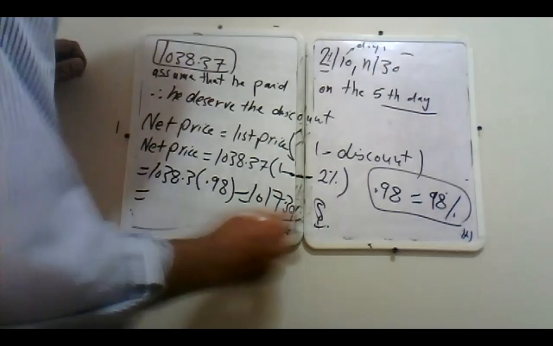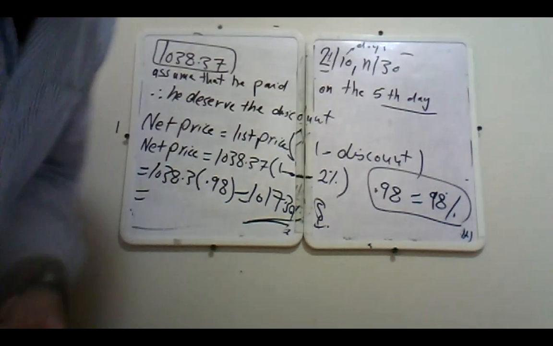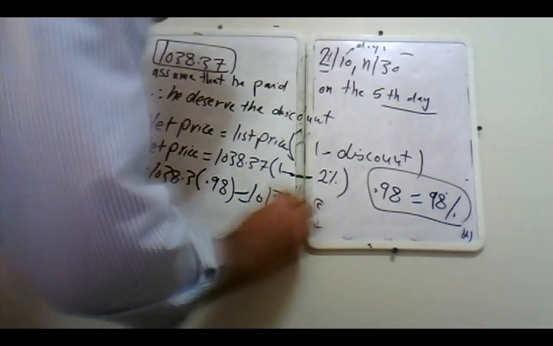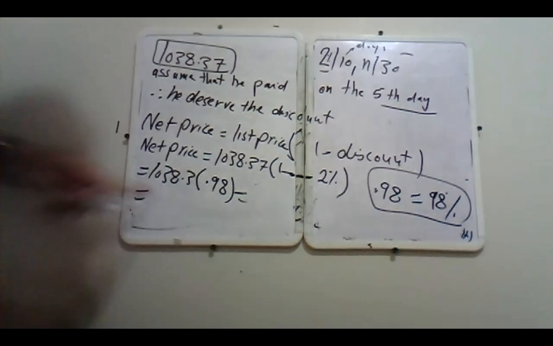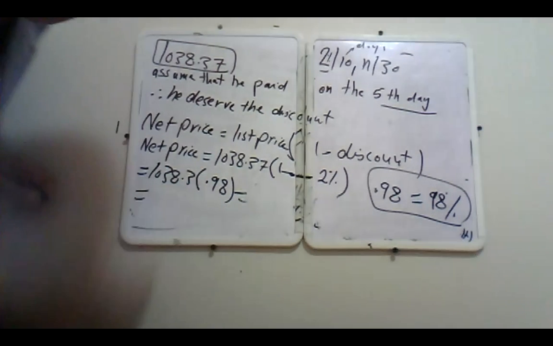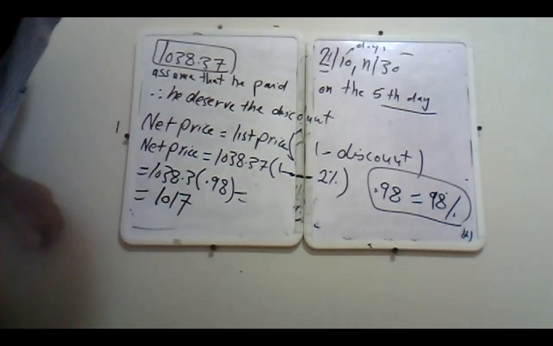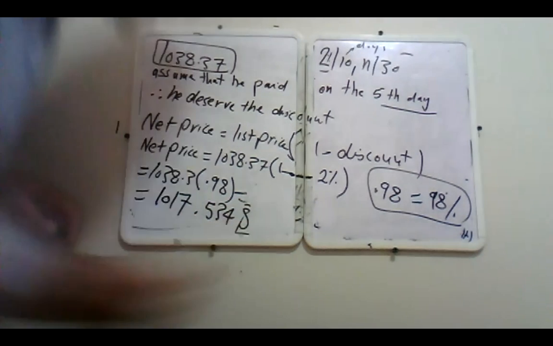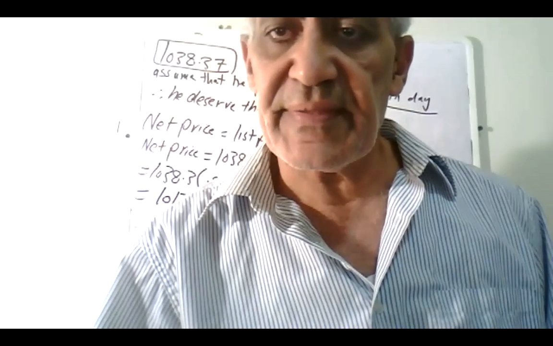This is the final amount which he will pay, 1017.534. I'll write it back here. And this is the end of the example which I'm telling you here, and that's the solution of it.